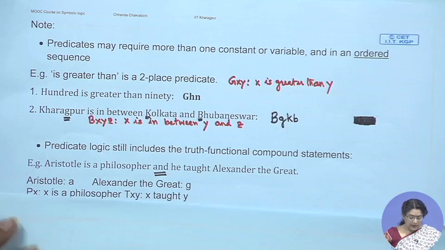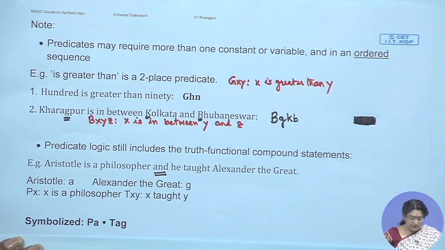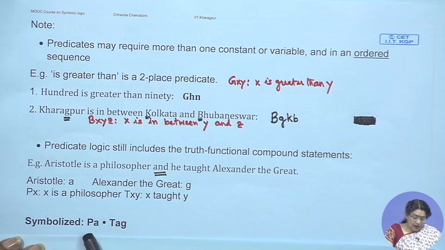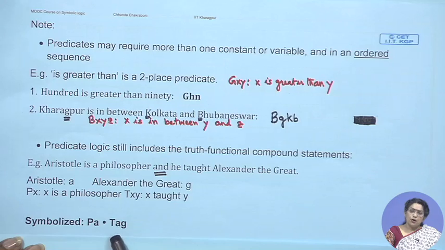Okay. Now, let us see, the translation therefore is going to be something like this. One conjunct is Aristotle is a philosopher, this is where Aristotle taught Alexander the Great. Okay. And look at this dot, that is your and.